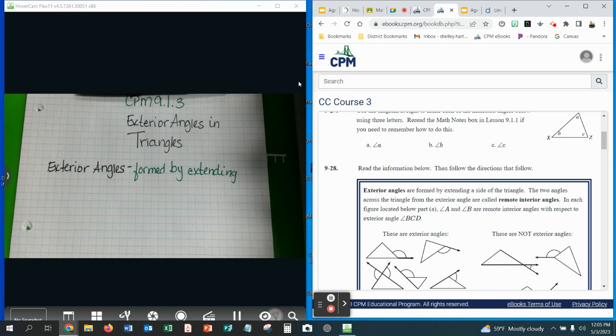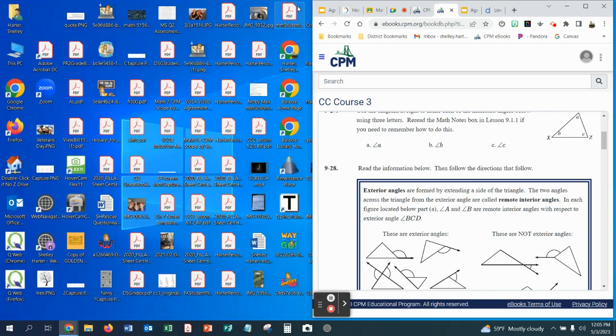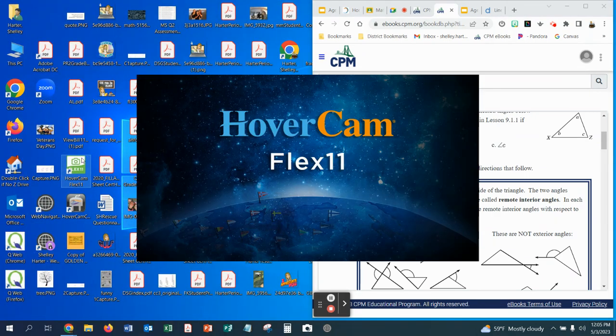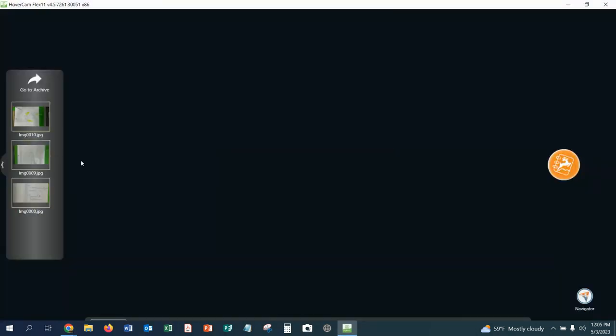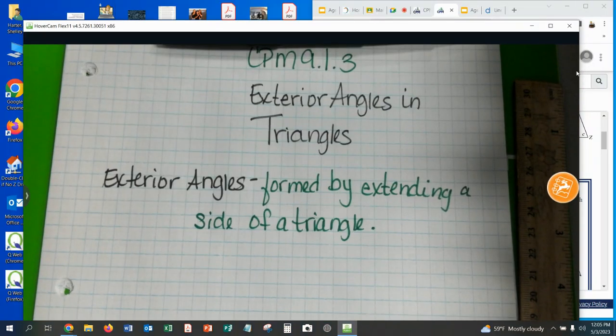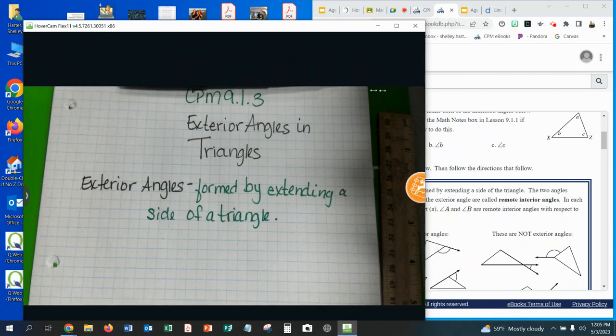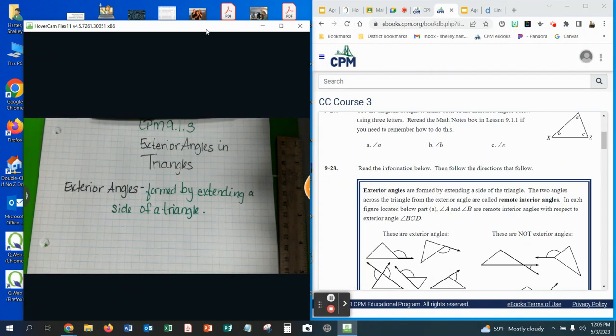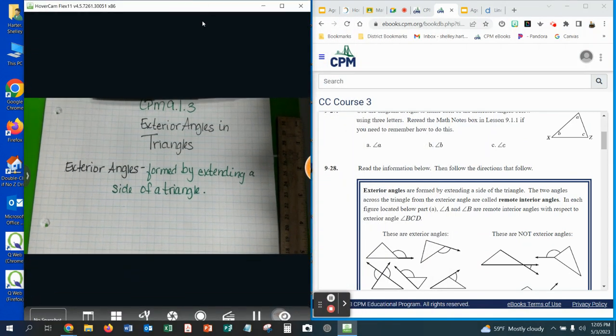Oh, shoot. It stopped on me. Hold on. Everybody in the back, can you still see my screen on your computer? Perfect.